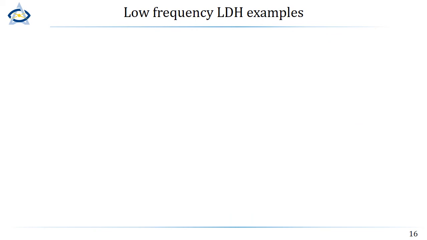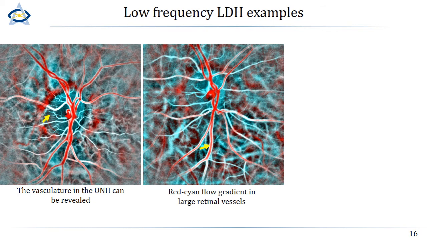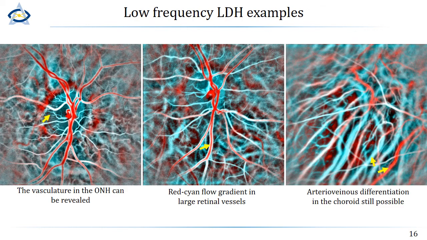So here are a few examples of what we can do with low frequency Doppler holography. We're able to nicely reveal the smaller blood vessels with the positive power Doppler at low frequency. And then thanks to this reverse contrast scheme and the red part of the image, we're able to reveal the gradient of flow in the large retinal vessels and perform this arteriovenous differentiation in the choroid.